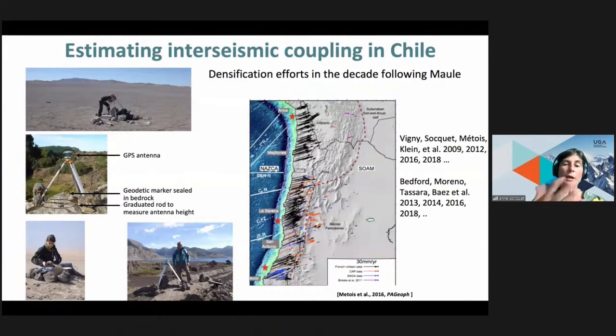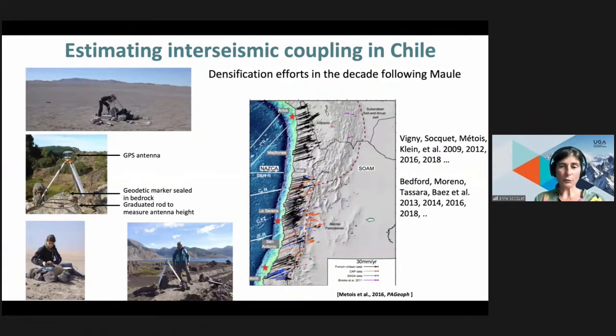I'm just going to show some old work that has been done in North Chile in order to estimate the interseismic coupling. It's been an ongoing effort for several decades.